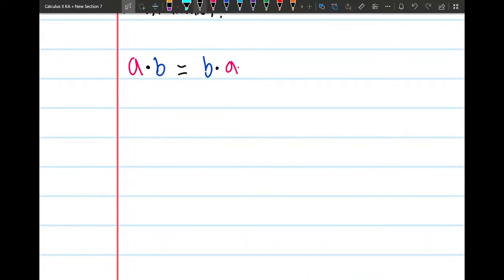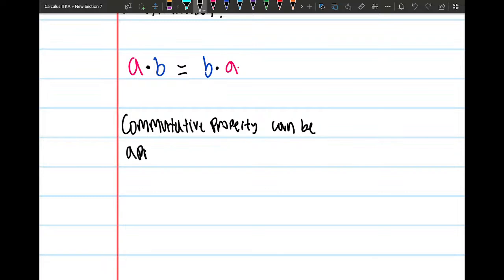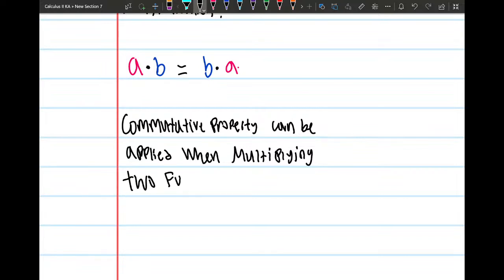So commutative property can be applied when multiplying two functions.